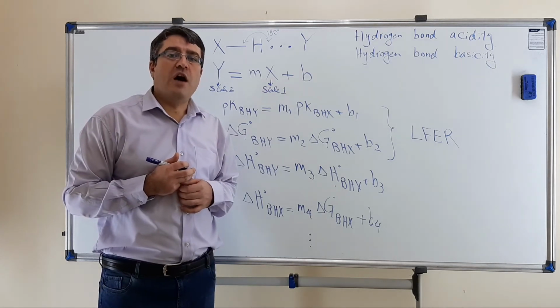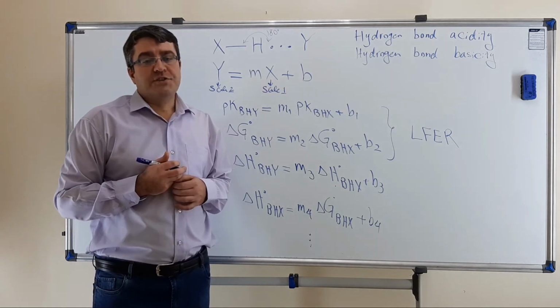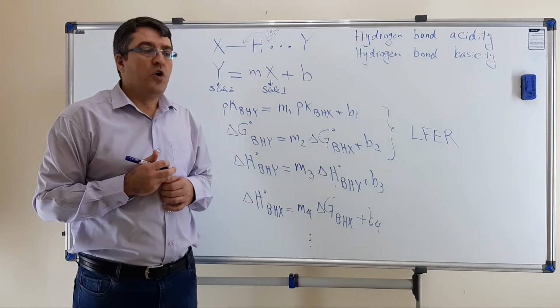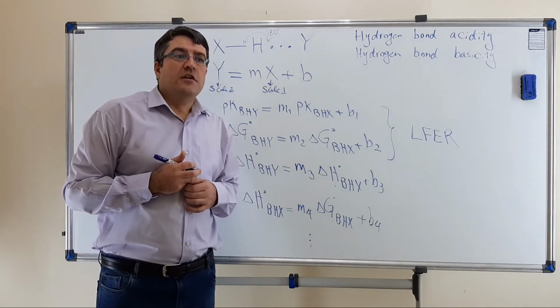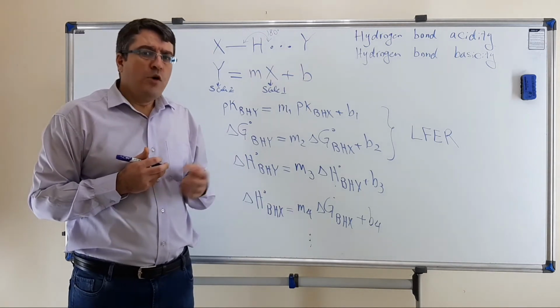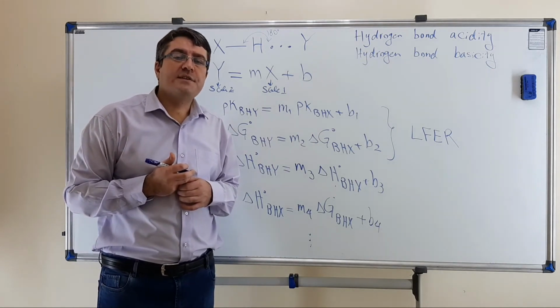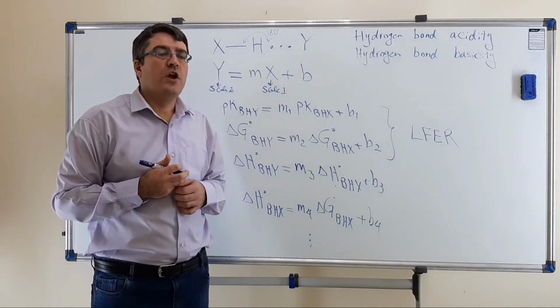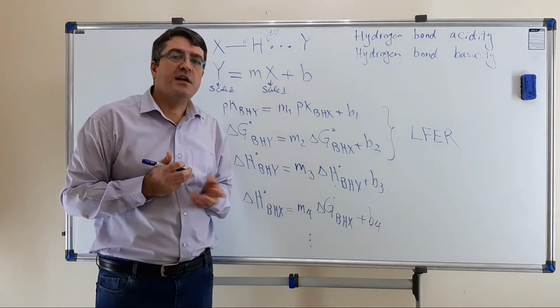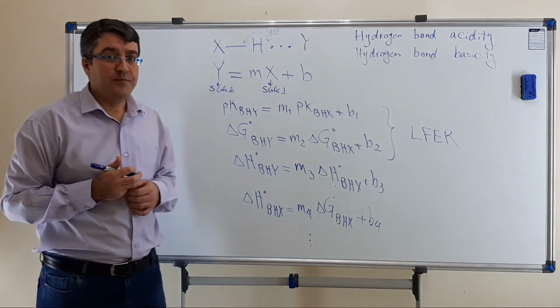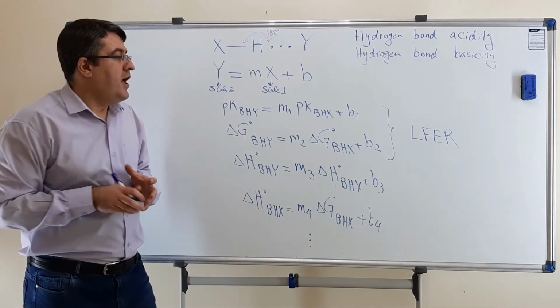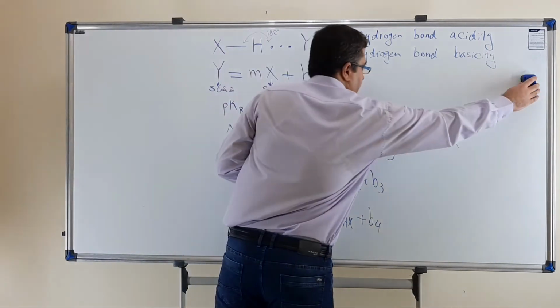For example, all of them are oxygen bases, or maybe we are more specific. For example, we may only consider ethers, or we may only consider ketones, and so on. Consider these families.